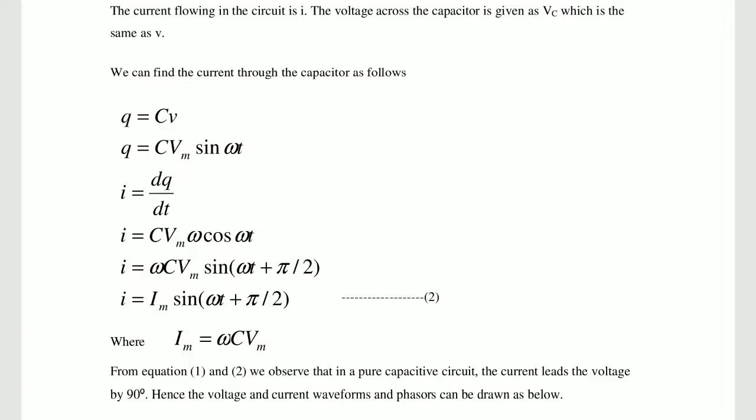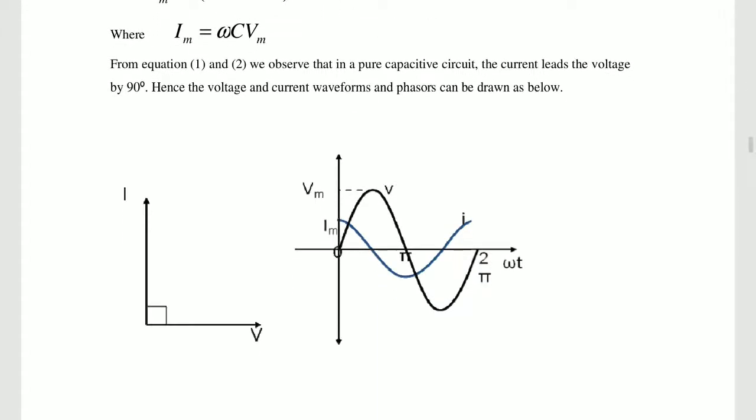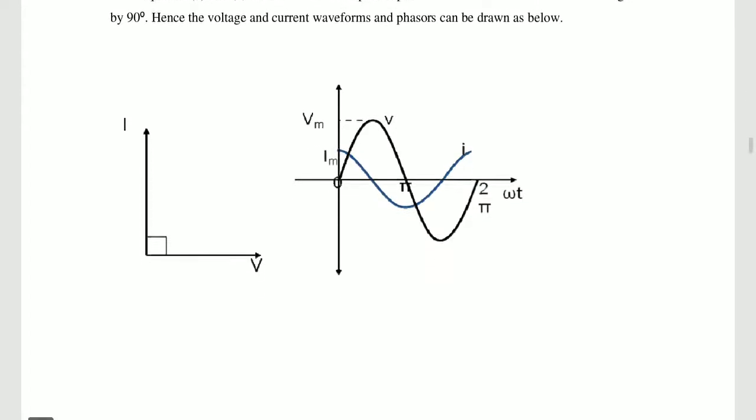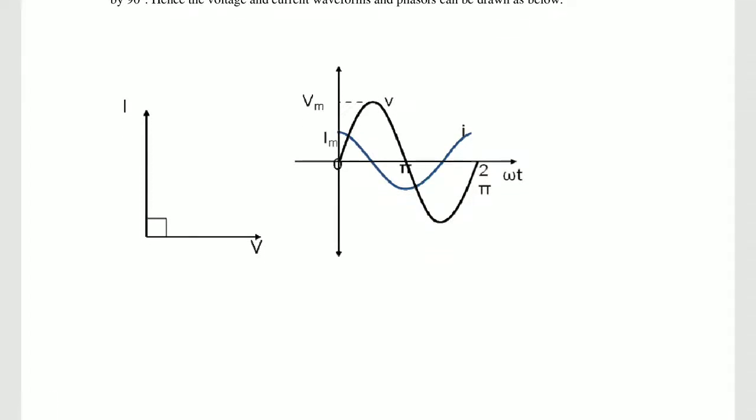Here plus pi by 2 means the current is leading by 90 degrees in a capacitor. So this is the current equation. Phasor diagram and waveform diagrams are given.